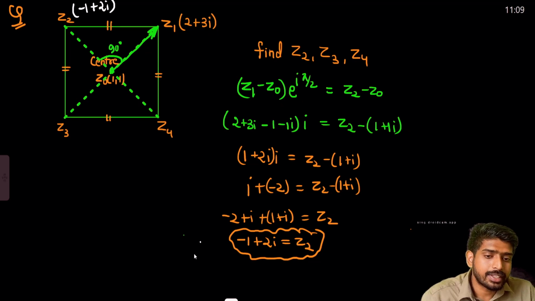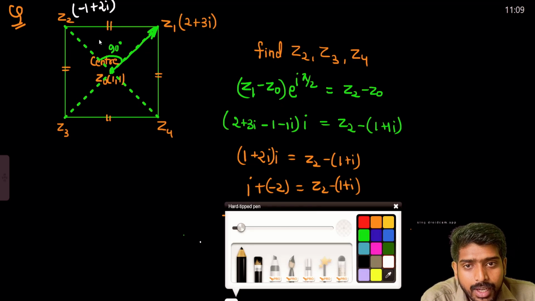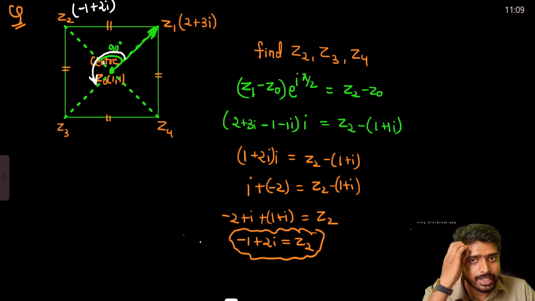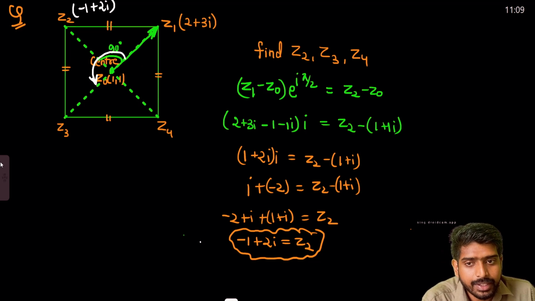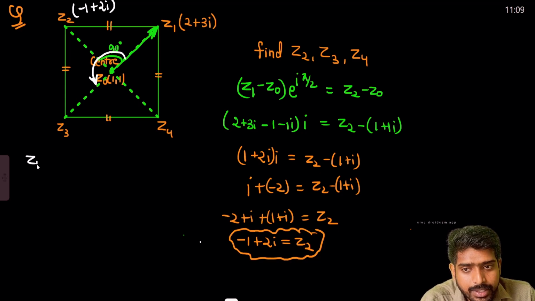Z3. How to find z3? To find z3, I'll rotate the z1 minus z0 vector by 180 degrees in the anti-clockwise direction. Got it? So here we'll find it in the same way. The z1 minus z0 vector, I will rotate with e to the power iota pi to get the z3 minus z0 vector.